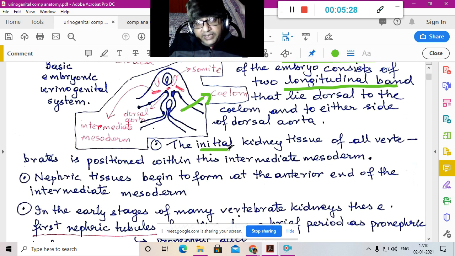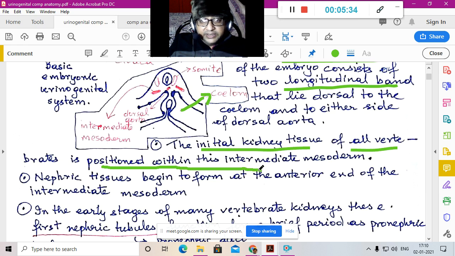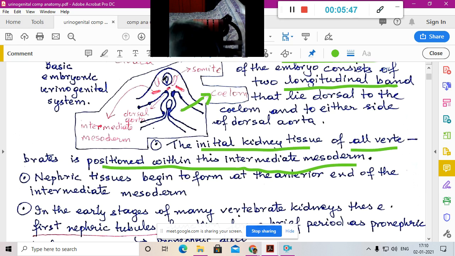So the initial kidney tissue of all vertebrates is positioned within this intermediate mesoderm. In this intermediate mesoderm are the cells which make the kidney later in all vertebrates.